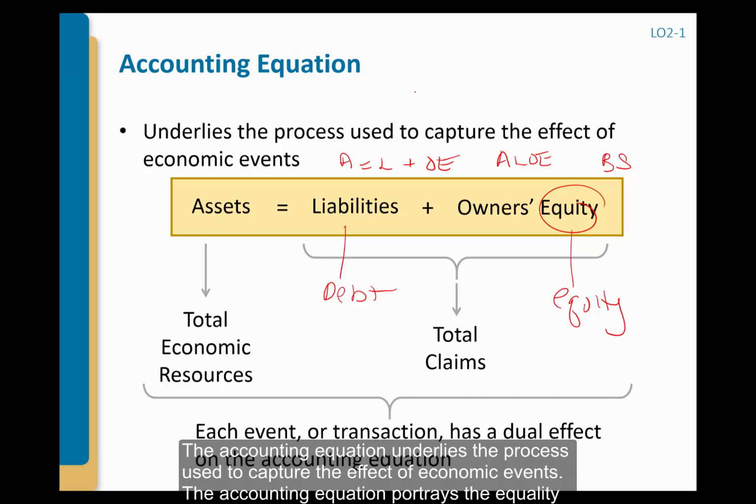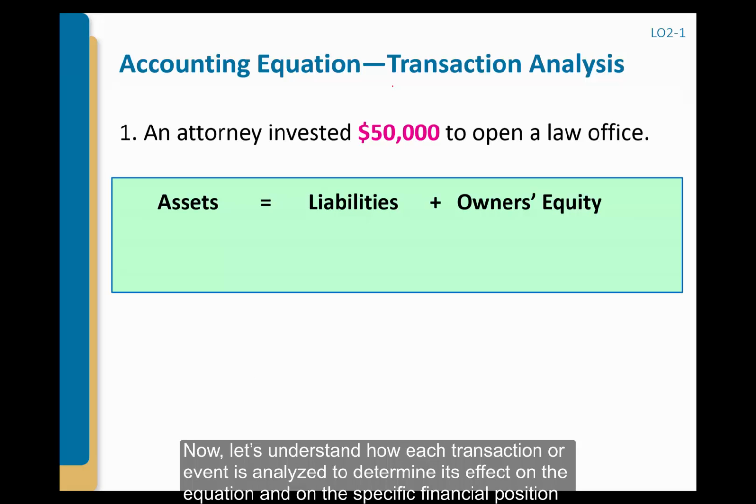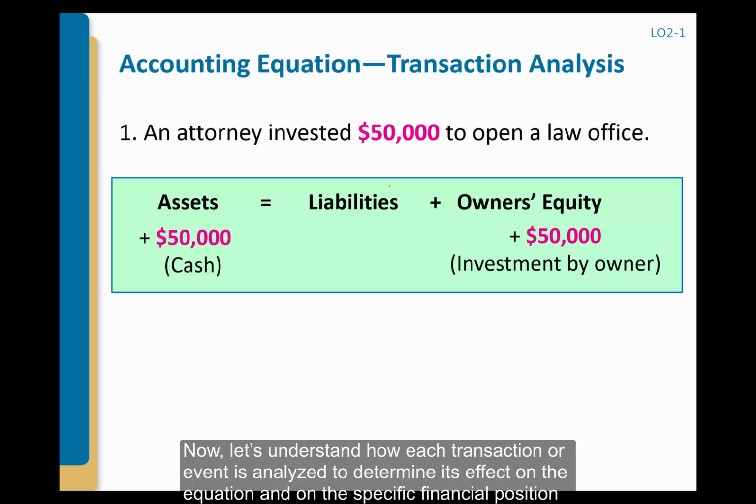And then every time that there is a transaction, there is a debit and a credit. So think of this equal sign right here as debits equal credits. So here, if we invest $50,000 to open our own law office, or in our case, our own CPA firm, the impact on our accounting equation would be that we have an increase to cash of $50,000 and an increase to owner's equity of $50,000.